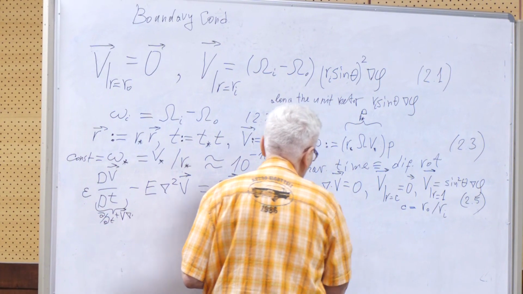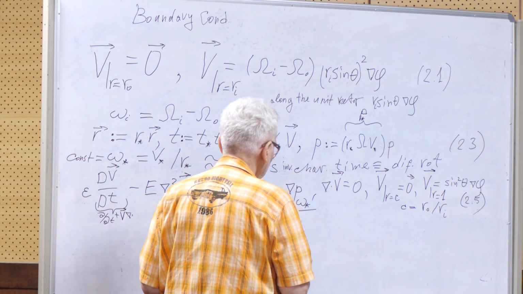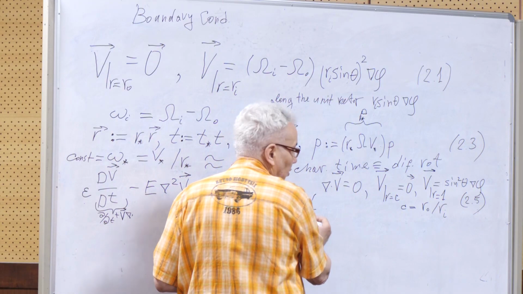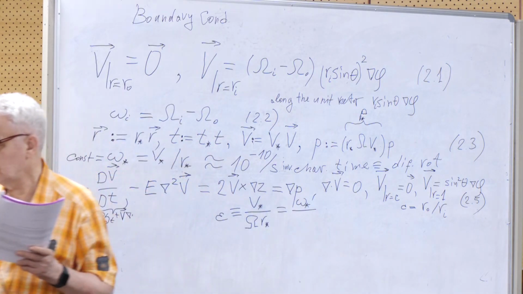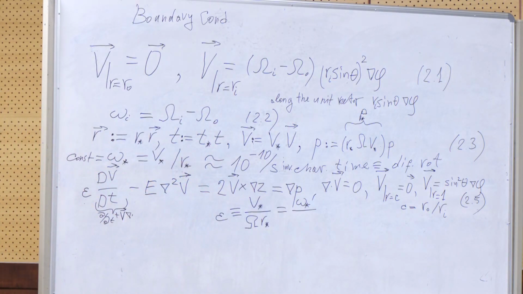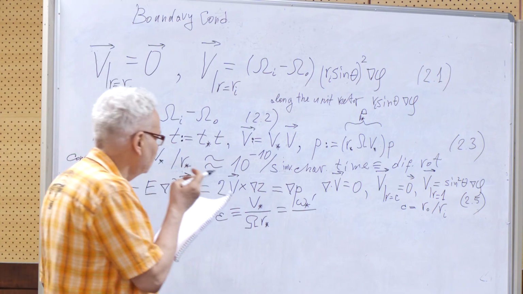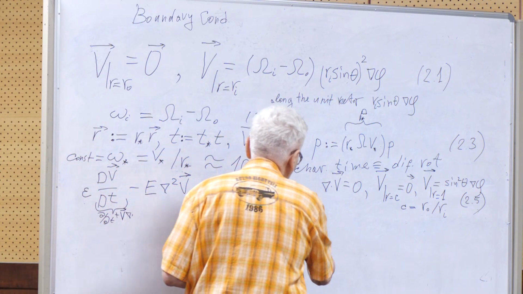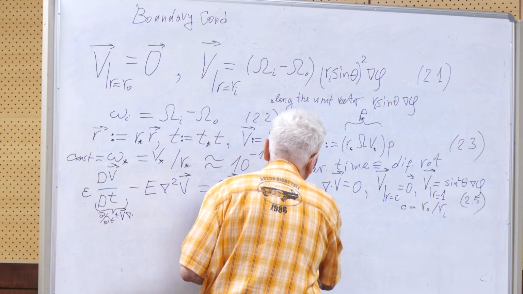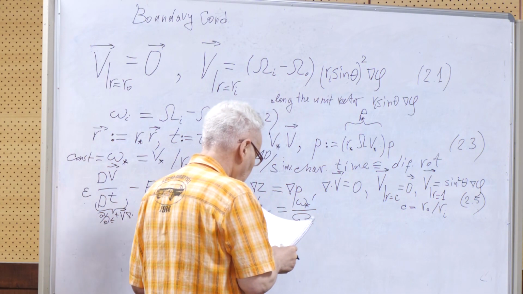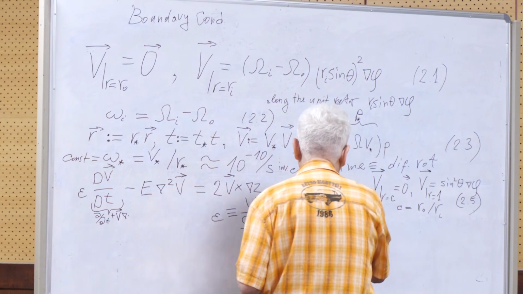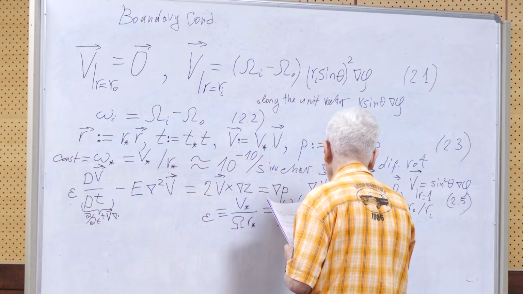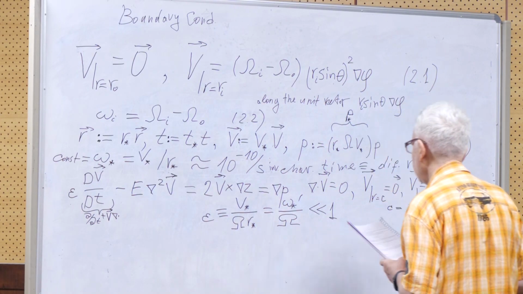If we take the rotation, then we have omega star. Okay, sorry, this one. So then we have this relation of omega star to omega itself, and for the Earth this is quite a small number. It's much less than 1.